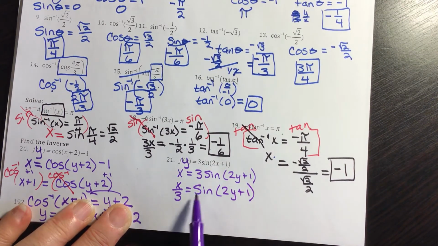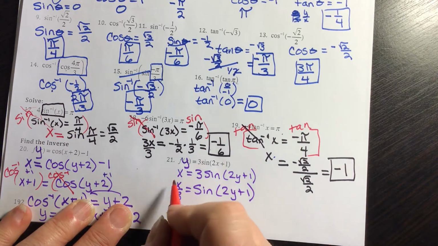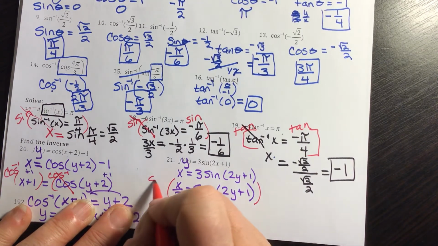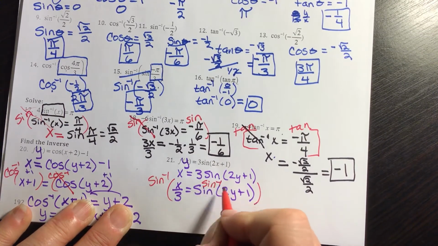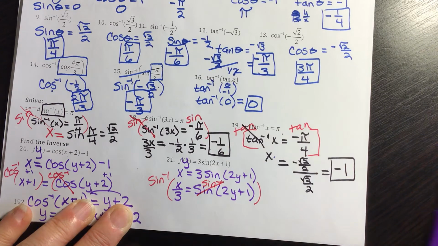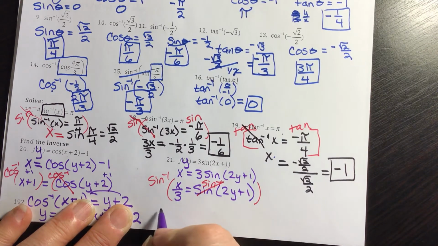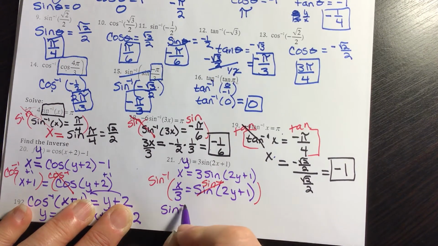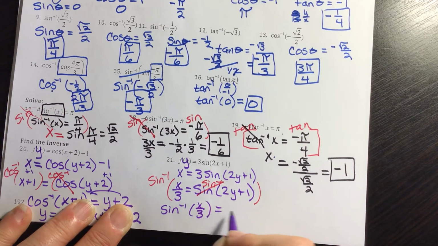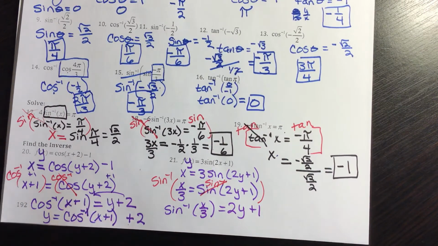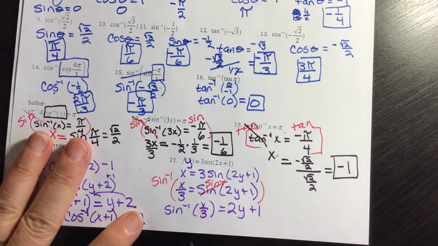And now to undo the sine so I can get y out of there, I'm going to do inverse sine on both sides. So they'll cancel here, and I'll have inverse sine of x over 3 equals 2y plus 1. I'll subtract 1.